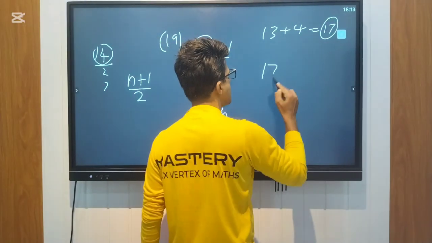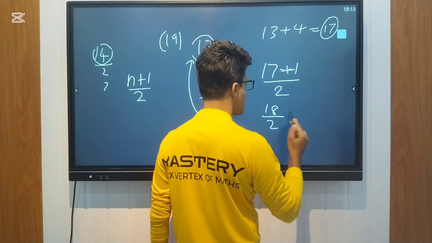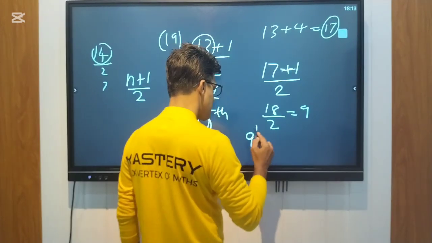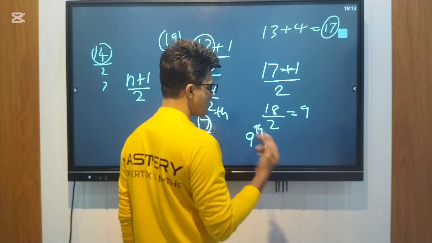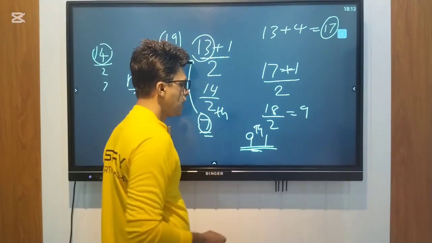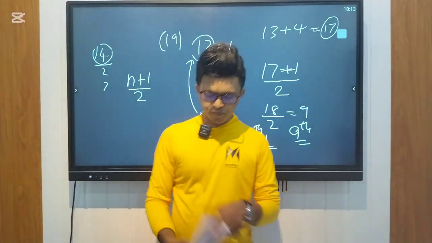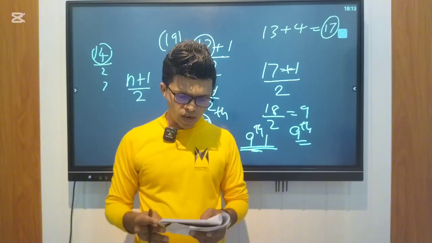Then 17 plus 1 over 2. 17 plus 1 is 18, so the answer is the ninth position. The ninth term is the median of the other distribution. Right? Next one, 20th one.